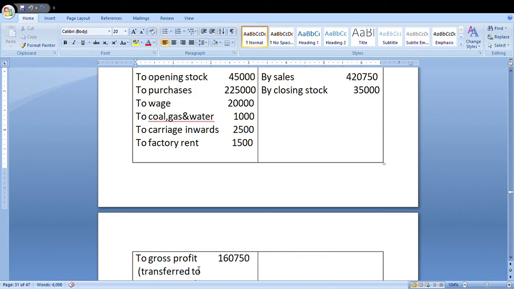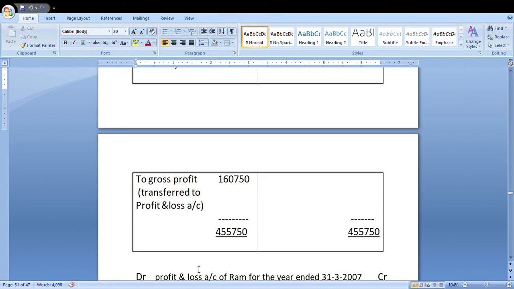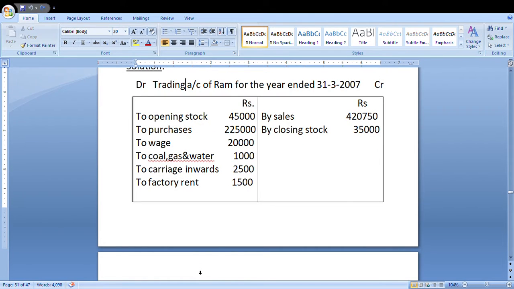First you total. This trading account has two sides. One is the debit side, another one is the credit side. First you total the debit side.